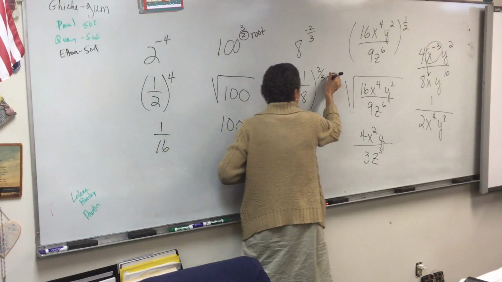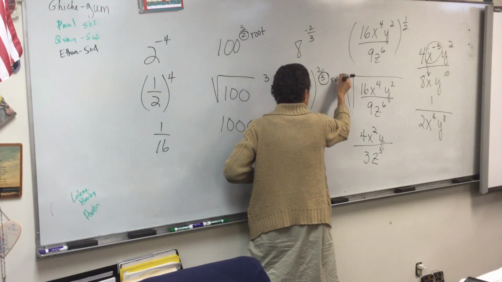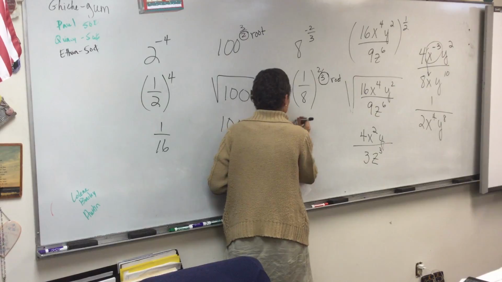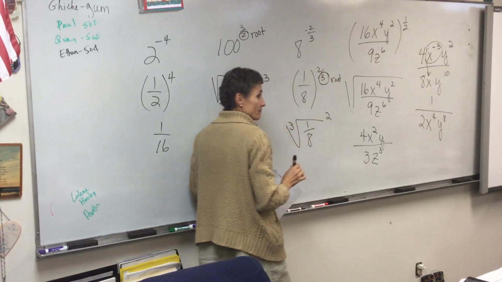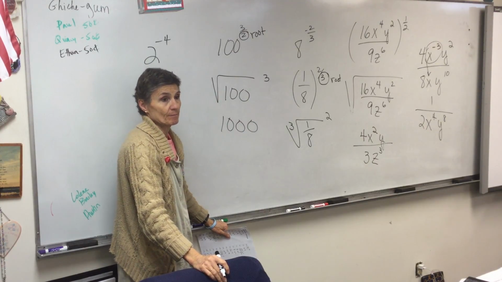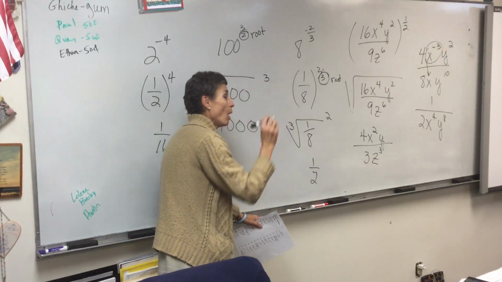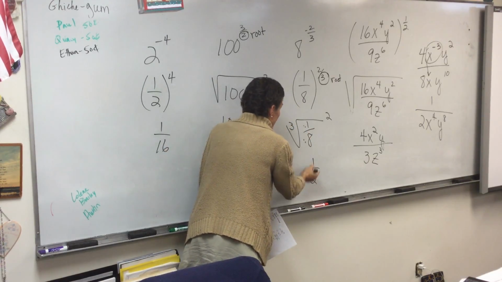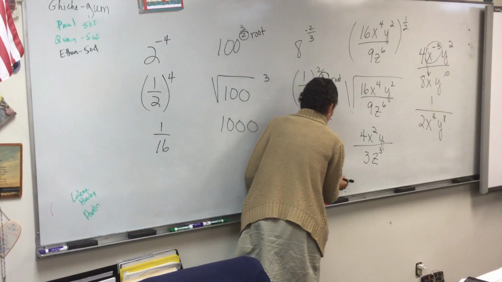Now, what does a fractional exponent tell us? The root. So we're going to take the cube root of 1/8, and then we'll square it. What's the cube root of 1/8? 1/2. Don't get carried away and say 2. It's 1 over 2. And then when you square that, you get 1/4.